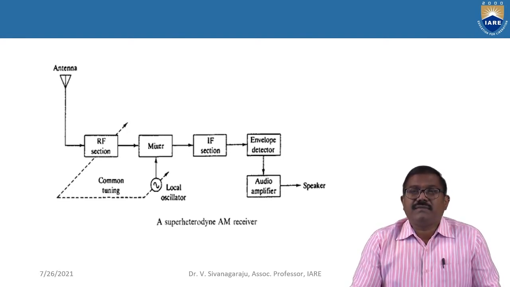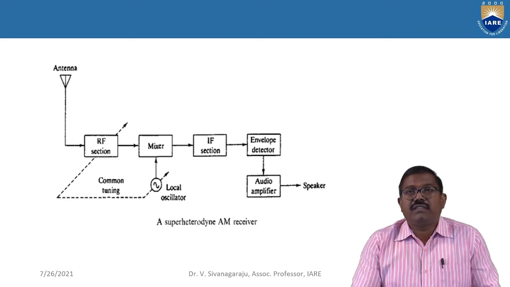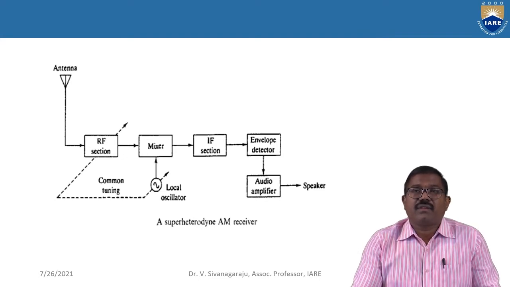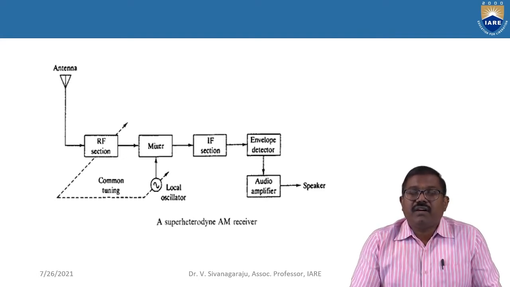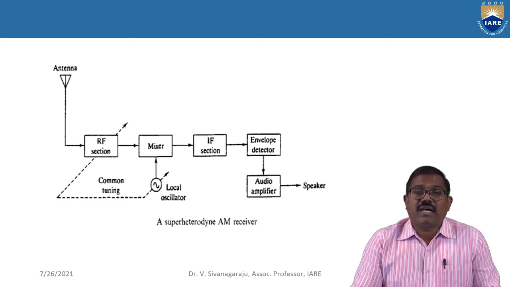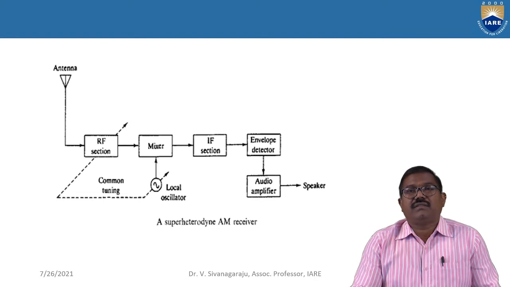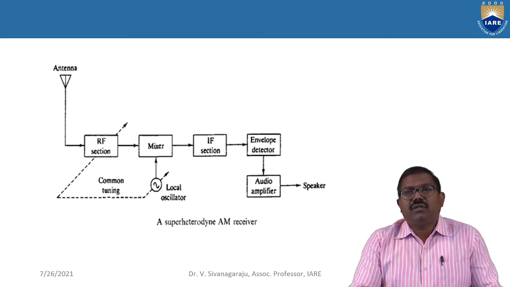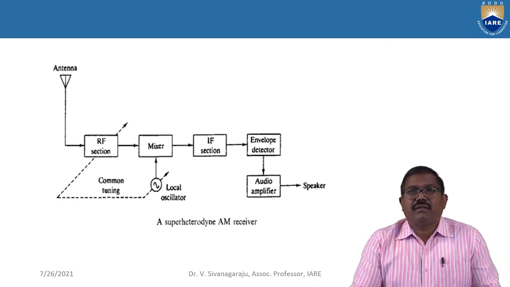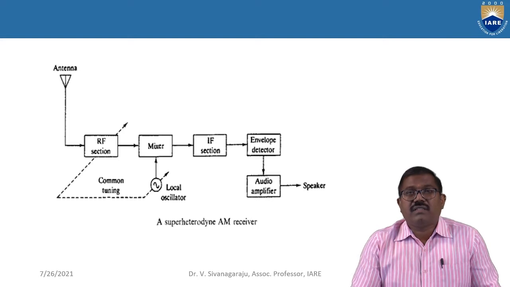Then after the mixer, the signal enters the IF section. We already know what IF is, intermediate frequency. Finally, it enters the envelope detector, where the original signal is detected and sent to the speaker after some amplifying process. So, in any receiver, the RF section is there.